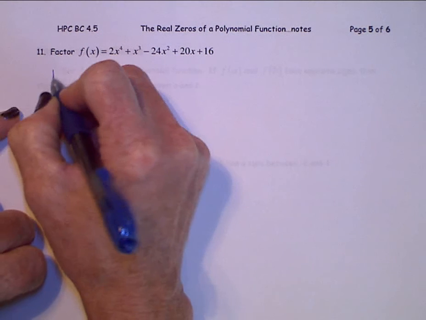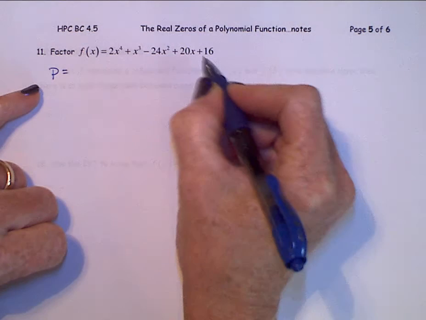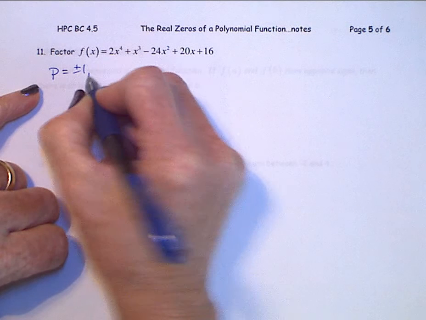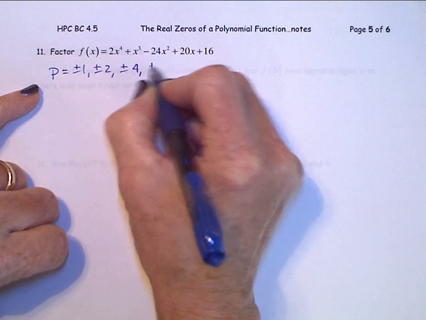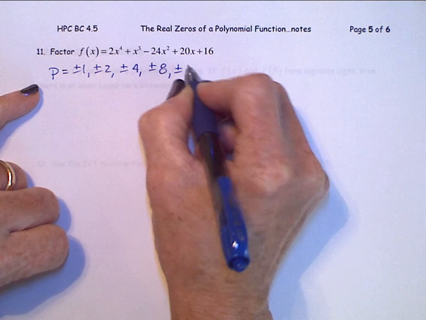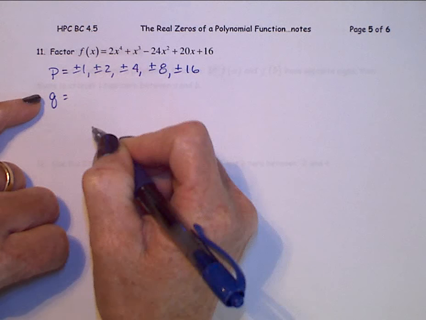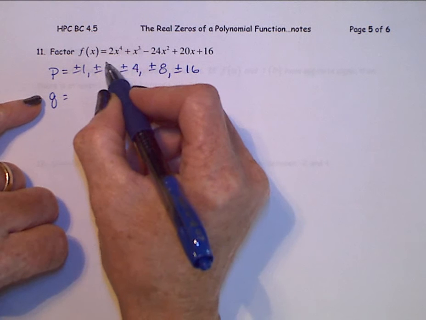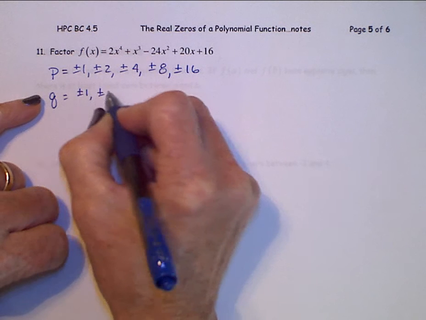So let's find p. Those are the factors of the constant. So that's going to be plus or minus 1, 2, 4, 8, and 16. And q, that's the factors of the leading coefficient, so just plus or minus 1, plus or minus 2.